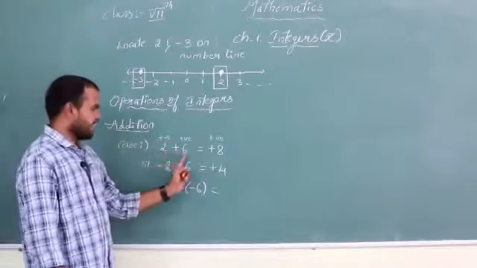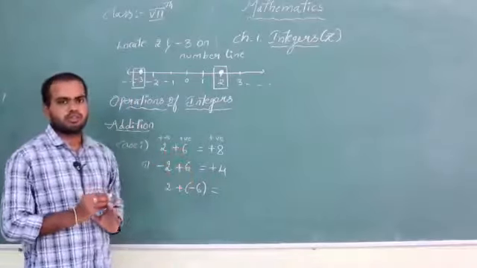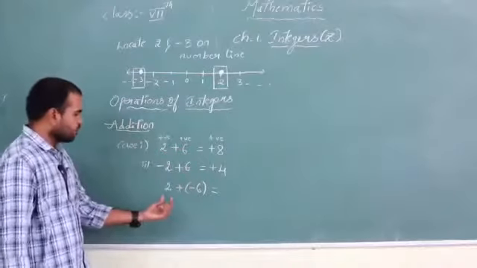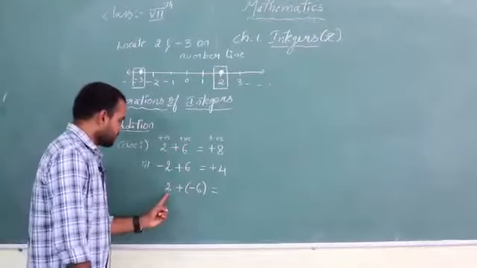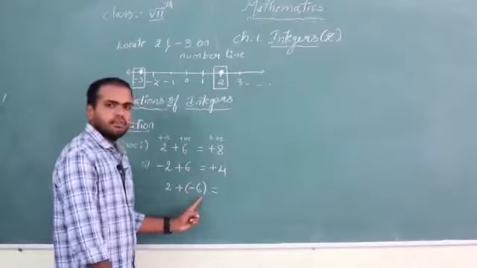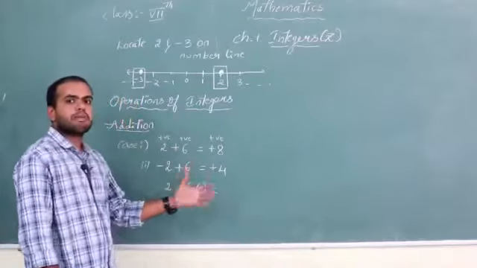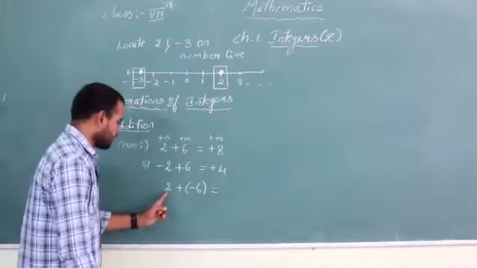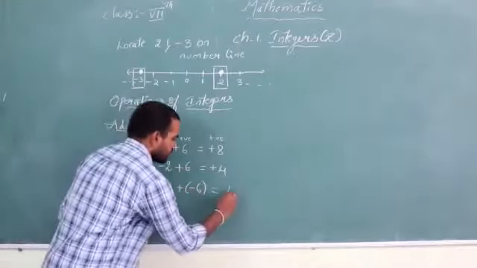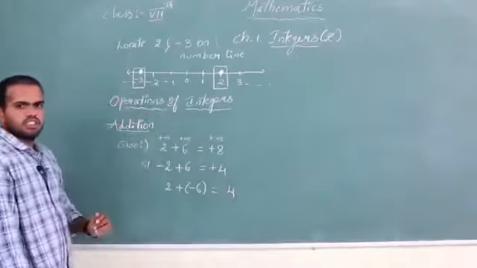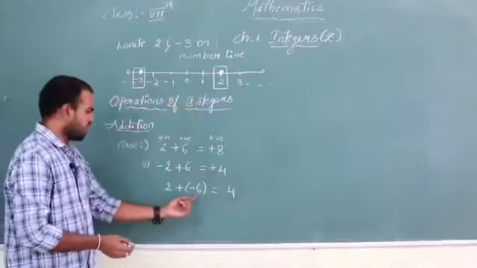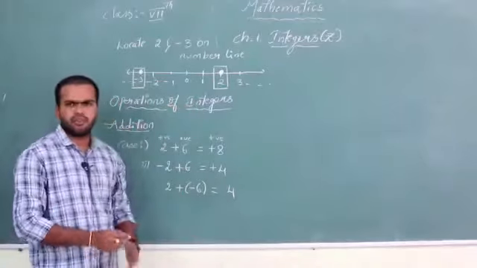In case 1 we added because both were positive numbers. In case 2, if one number is positive and another is negative, first you have to subtract the numbers. So 6 minus 2, it is nothing but 4.